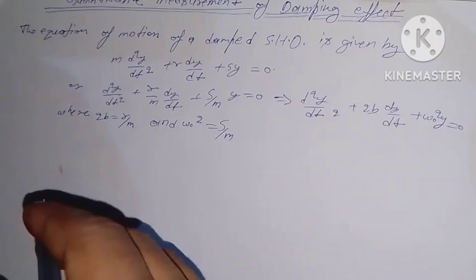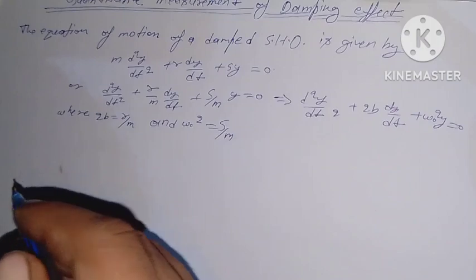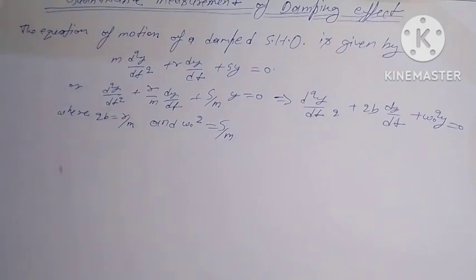The factor 2b is defined as the damping force per unit mass per unit velocity and is called the damping coefficient.